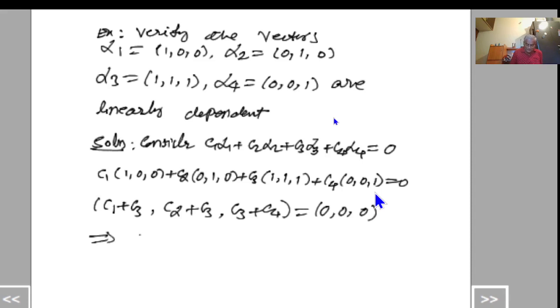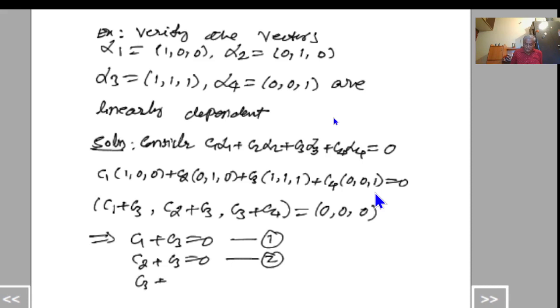What this implies is C1 plus C3 is equal to 0, I take this as 1. C2 plus C3 is equal to 0, I take this as 2. C3 plus C4 is equal to 0, I take this as 3. Now we have to solve these three equations.